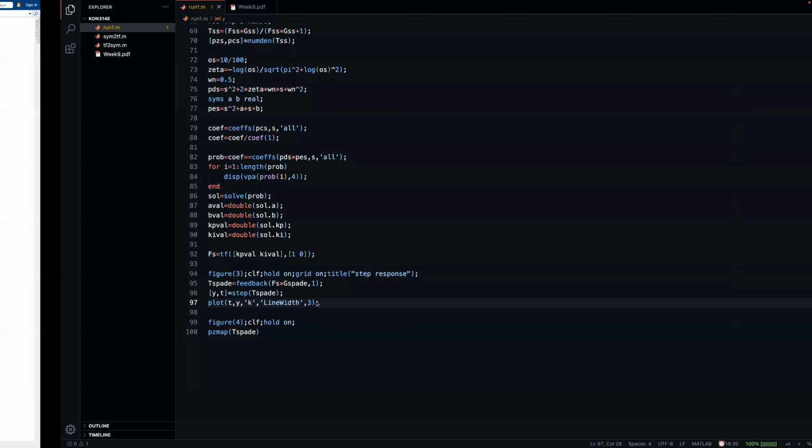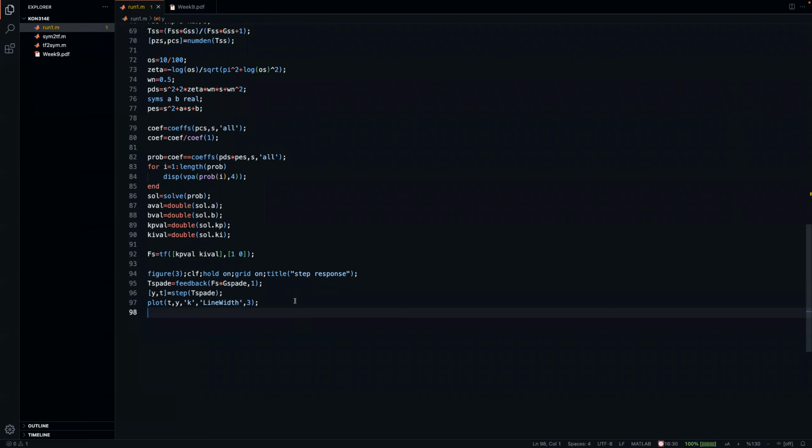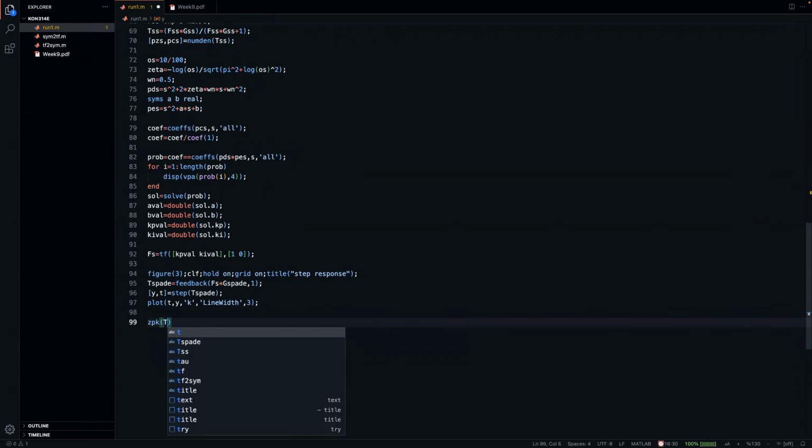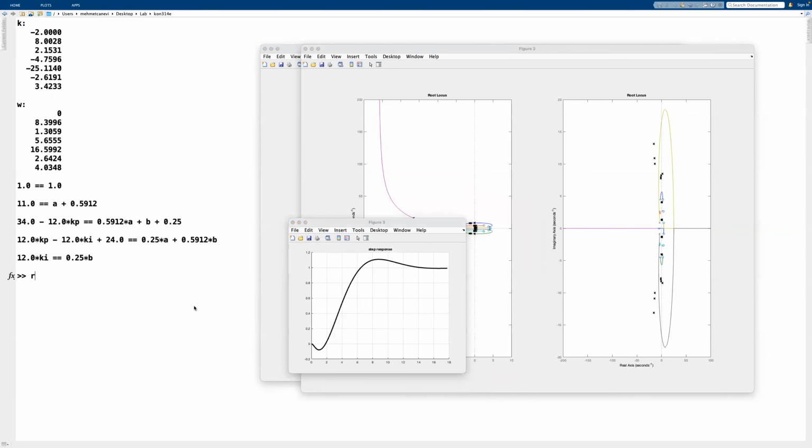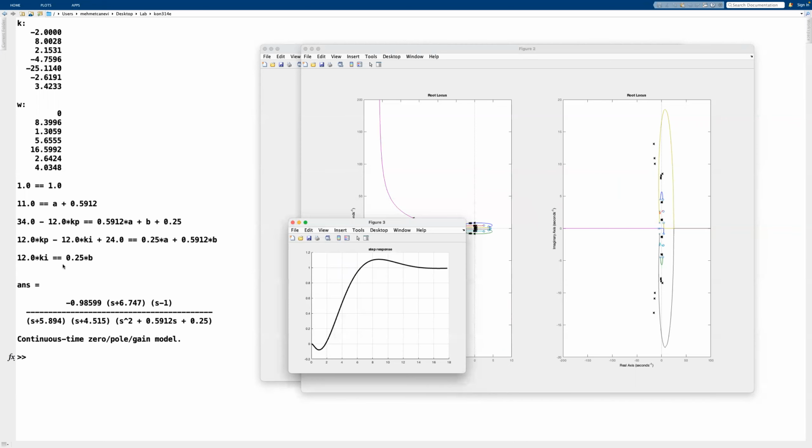I'm going to get rid of this now because this was just to check if it's a good solution or not. What you can do is use TS PuTTY instead of that. So we can see basically a 0 at minus 6. This is the dominant pole pair. This is at minus 4, so 8 times that, 10 times that, and then we have like 12 times that. So we have an 8 times dominance factor that is quite good for a controller design using dominant pole placement.